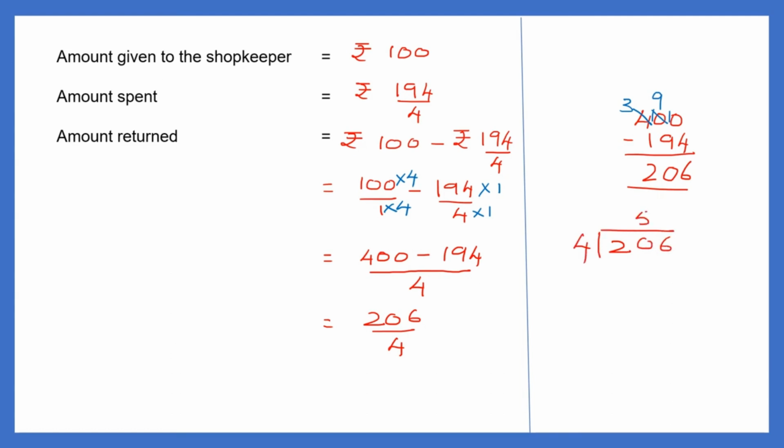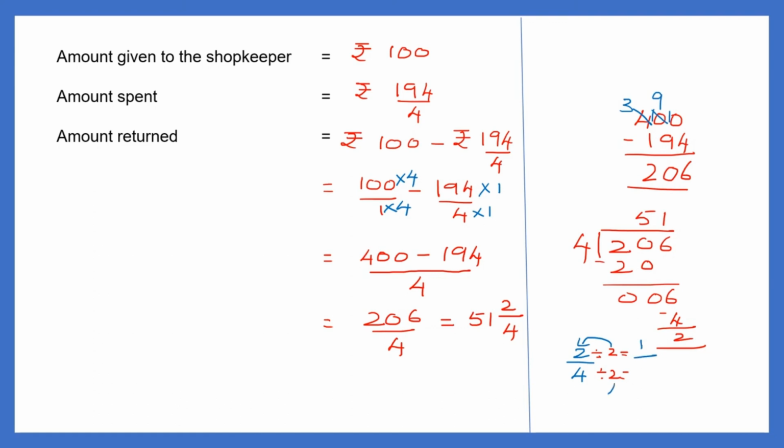4 fives are 20 minus, you bring down 6. 4 ones are 4 minus 2. So let's write that. 51 2 by 4. Now if you look at the fraction carefully, 2 by 4 can be reduced to the lowest term. 2 by 4, if I divide both by 2, what will I get? 2 ones are 2. 2 twos are 4.